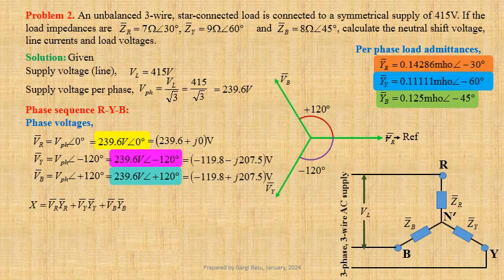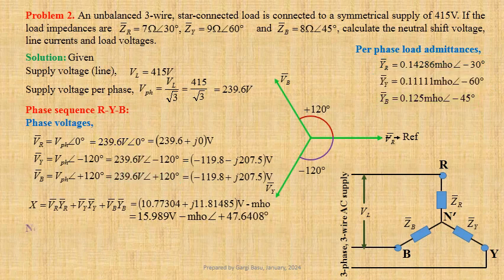Using values we get x equals 10.77304 plus j times 11.81485 volt mho. In polar form, this may be written as 15.989 volt mho at an angle plus 47.6408 degree.